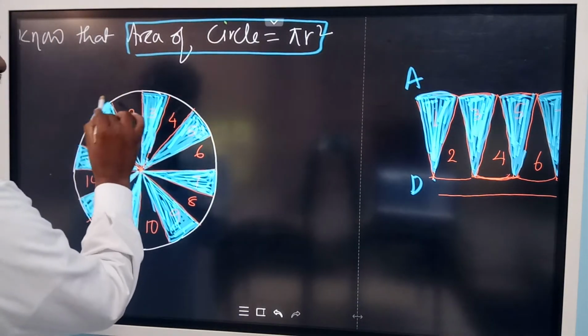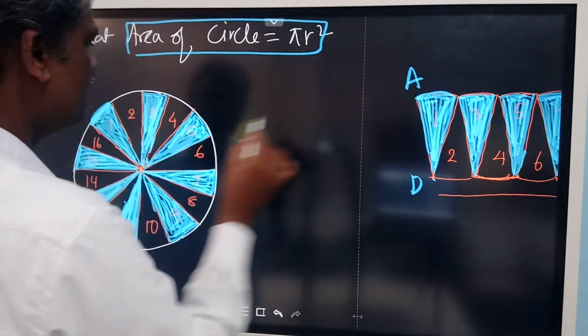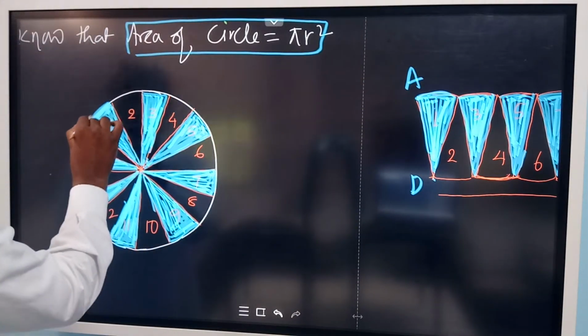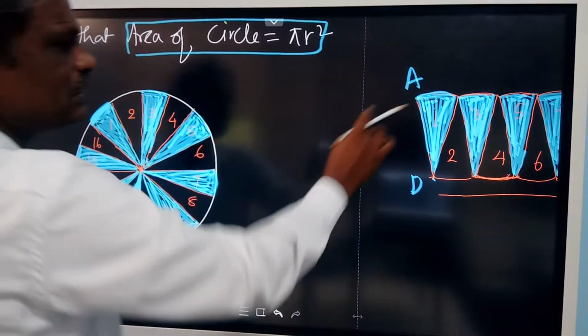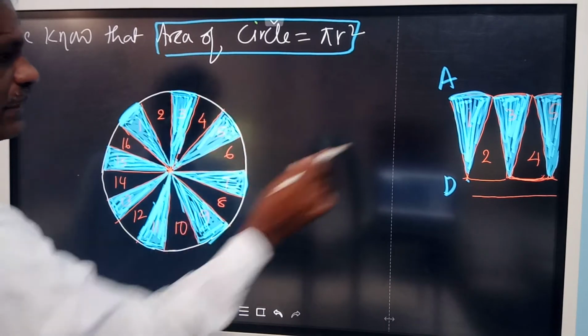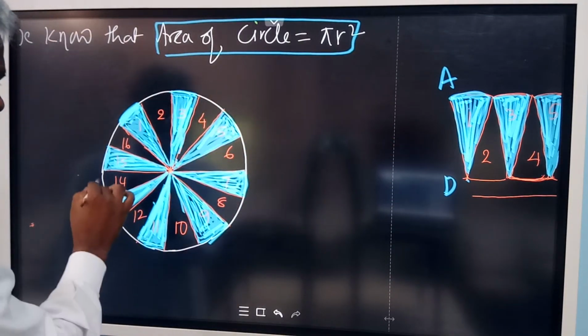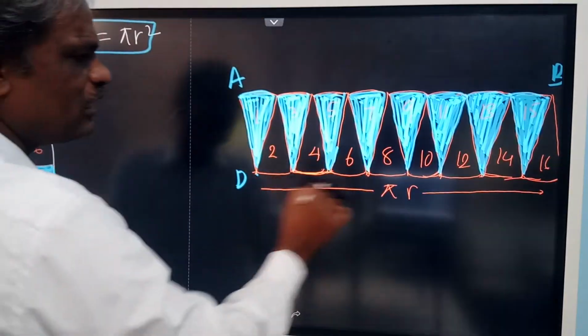The second part of this arc is down. The third one is at the upside. Fourth one down. Fifth one upper side. Like this, every blue colored part is arranged at the upper side. All the blue colored arcs are arranged at the upper side. The remaining, black colored sectors, the corresponding arcs are arranged downwards.